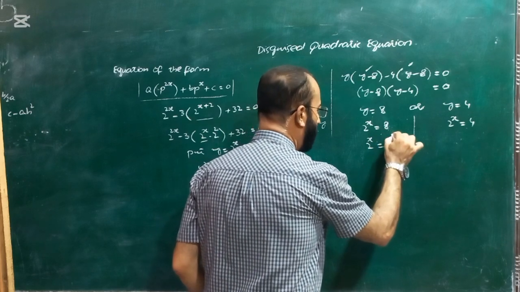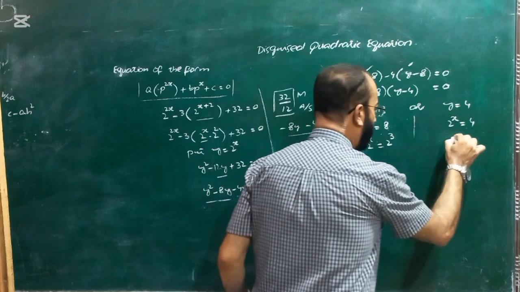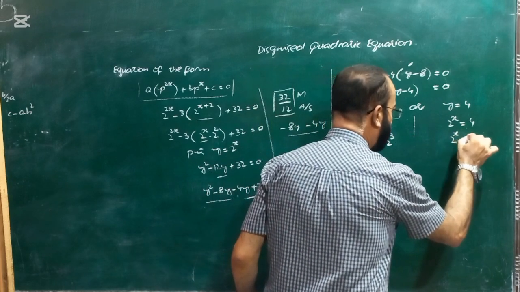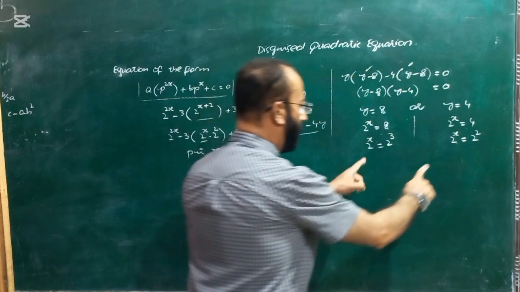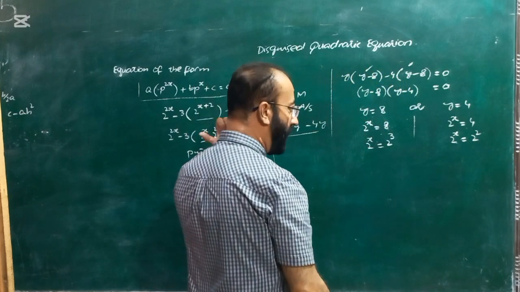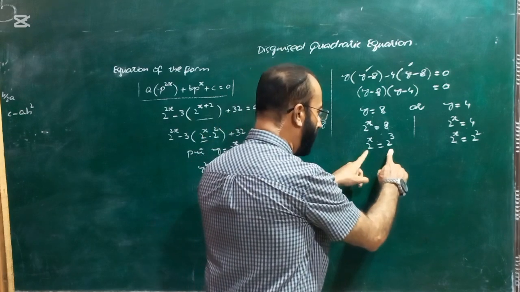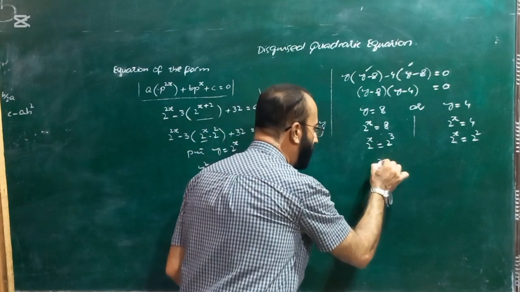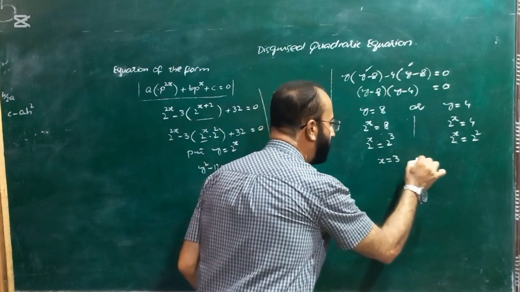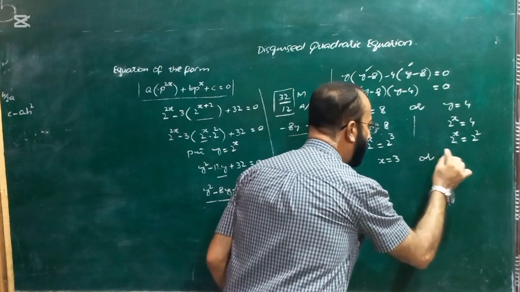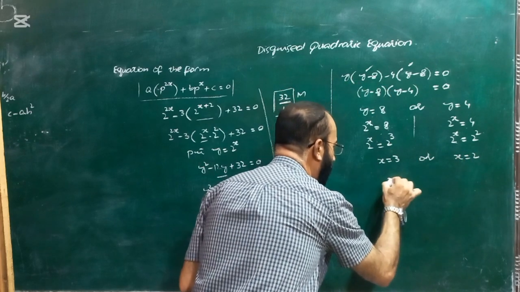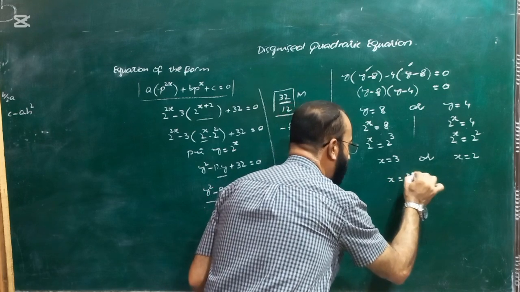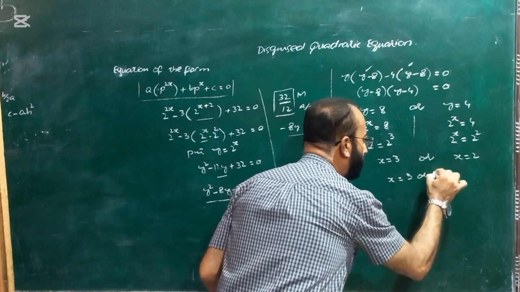This 8 is actually 2 raised to power 3, and this 4 can be written as 2 raised to power 2. From both sides you can see bases are equal, so powers will be equal. So x is equal to 3 or x is equal to 2. So these are the answers of x. So 3 or 2.